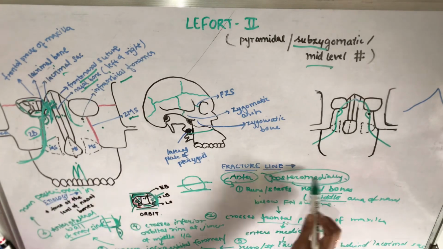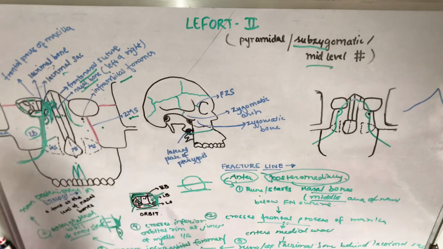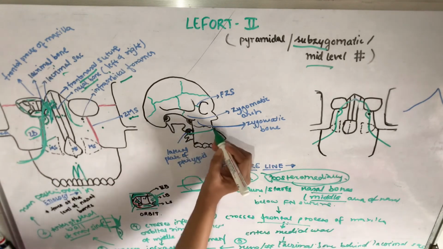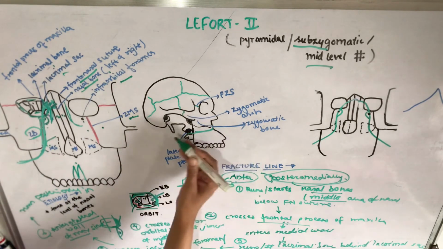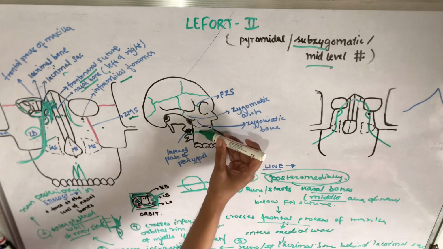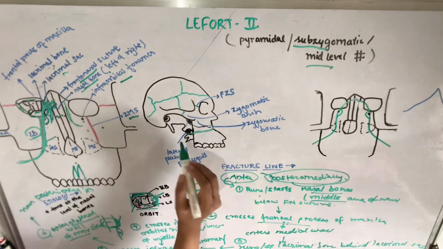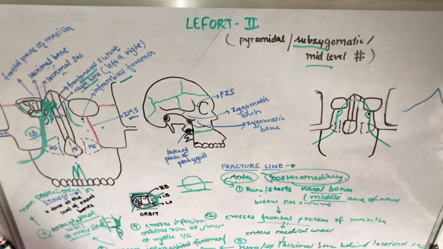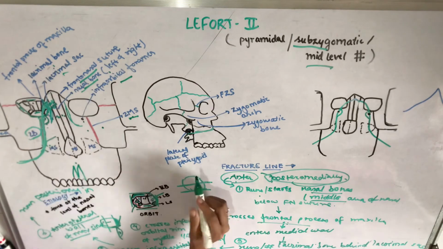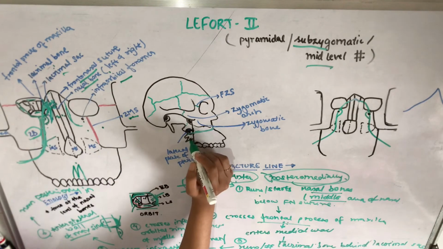Now in the posterior-medial, this fracture line runs posteriorly in the horizontal direction, and it fractures the pterygoid plate through the middle third. Now in Le Fort 1, this is the differentiating feature that you should know. In Le Fort 1, we have seen the lateral plate of your pterygoid was fractured at the lower 1/3 level.